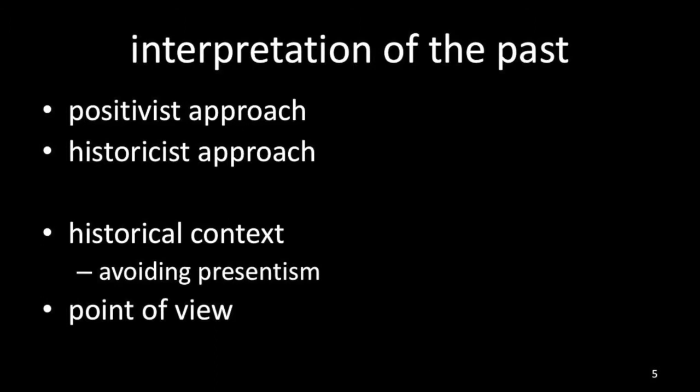On the other end of the spectrum is a historicist approach, which understands that history is a complex subject. The history of our societies is complex. Our societies themselves are complex.